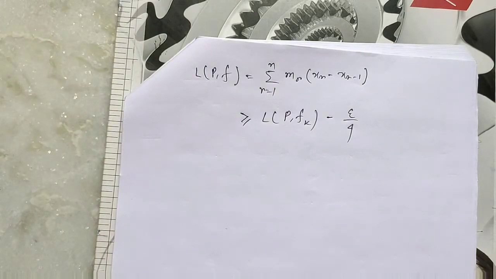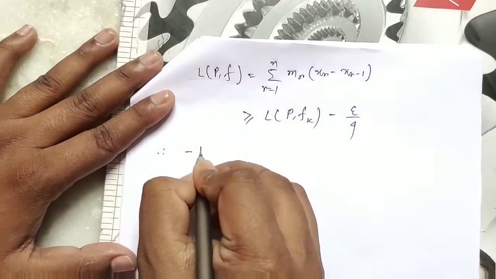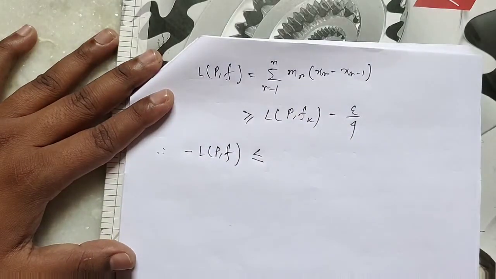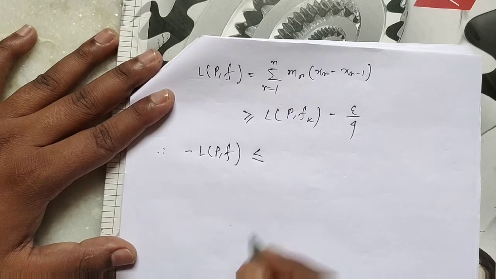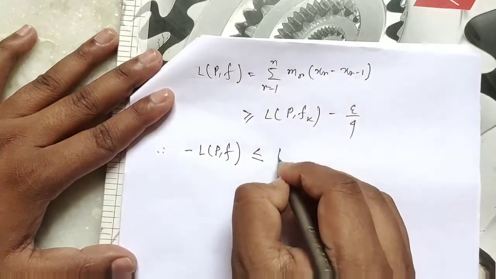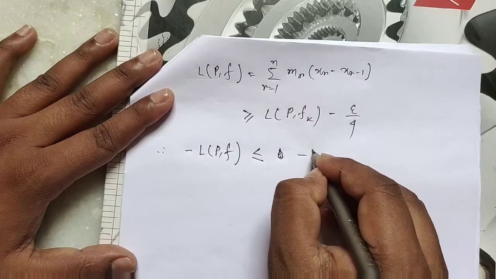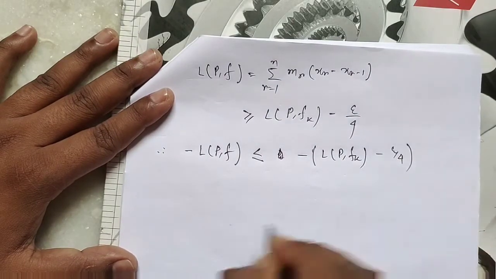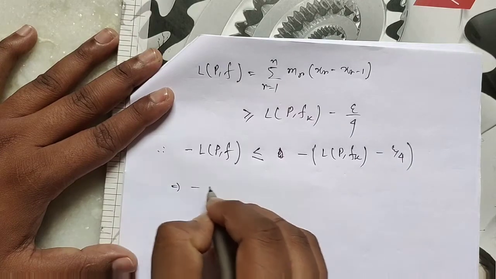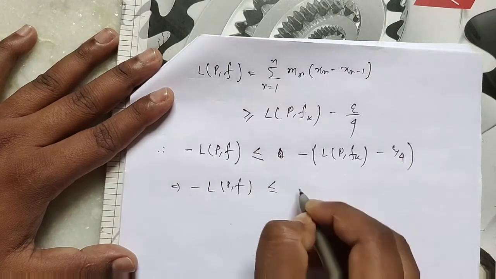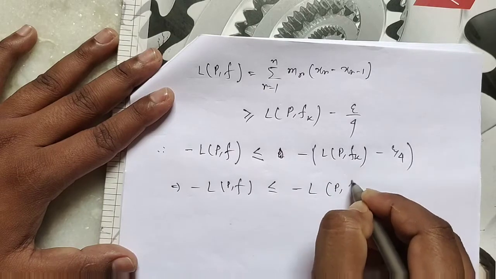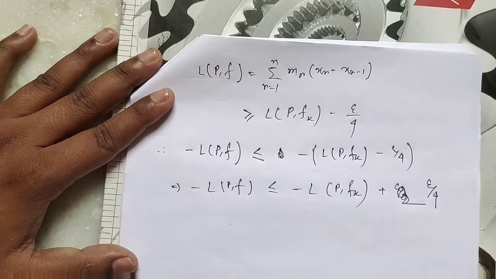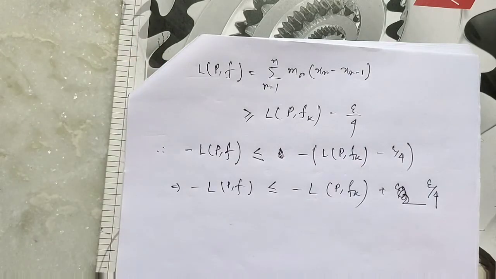Okay. So therefore, minus L(P,f), the inequality reverses, is less than or equal to minus of (L(P,f_k) minus epsilon by 4). This implies minus L(P,f) is less than or equal to minus L(P,f_k) plus epsilon by 4. Okay, clear.